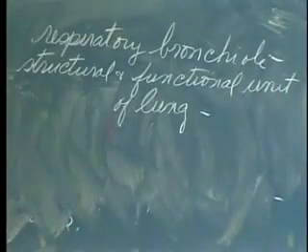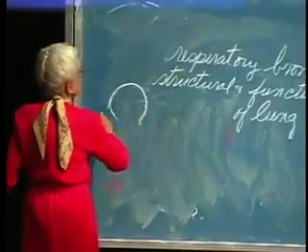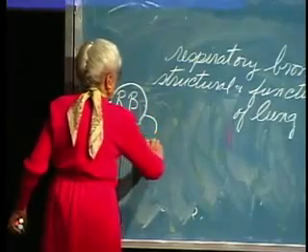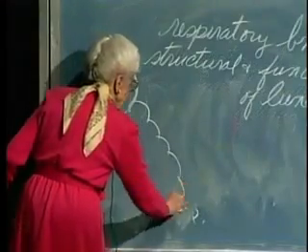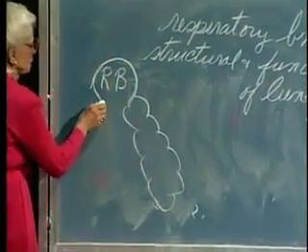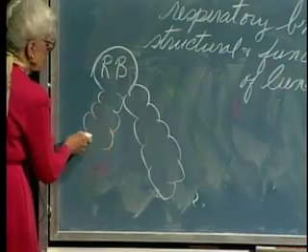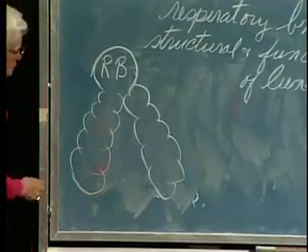So now, what have we got here? We've got our respiratory bronchiole coming down. We're going to take a cross-section of it. Respiratory bronchiole. And it's going to branch off into alveolar ducts. Do you ever think of every molecule of air you take in? It's got to go through all these passageways to get down and be functional.